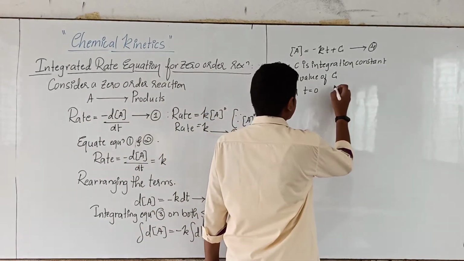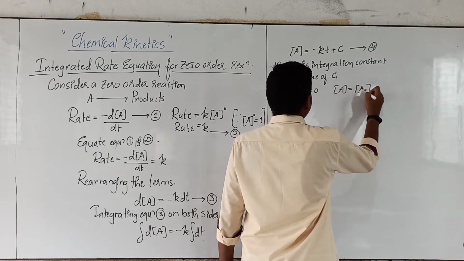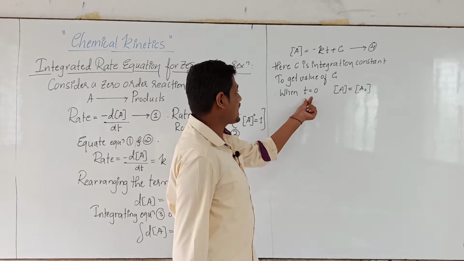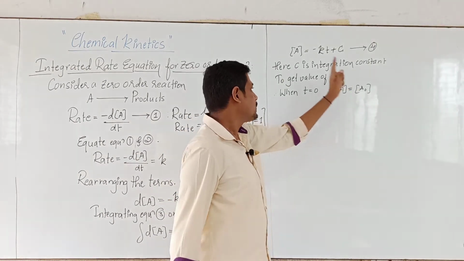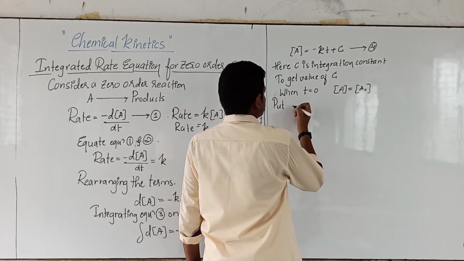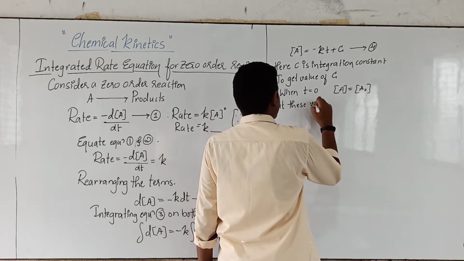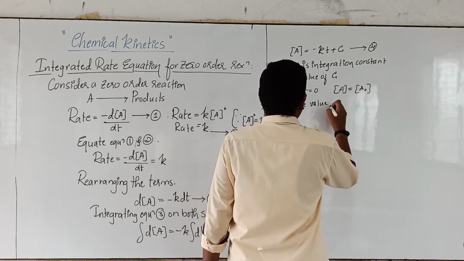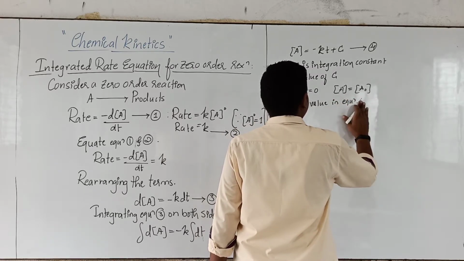When time is equal to 0, let the concentration of A be A naught, meaning the initial concentration. Put this value in equation 4.